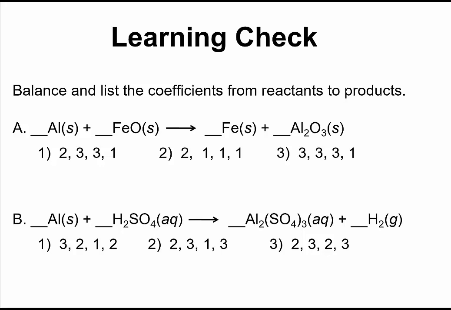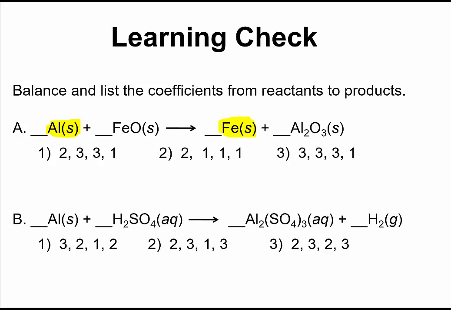Let me repeat. If you have any element that is isolated, that is alone by itself, balance that element last. So on this question A, we actually have 2 isolated elements. We have aluminum, it is alone by itself, not combined with any other element, and we have iron.